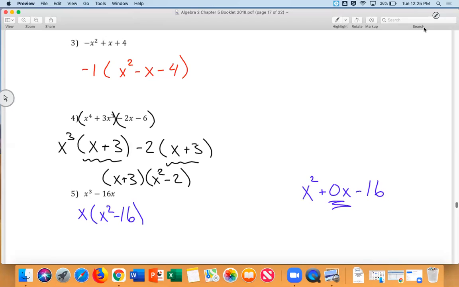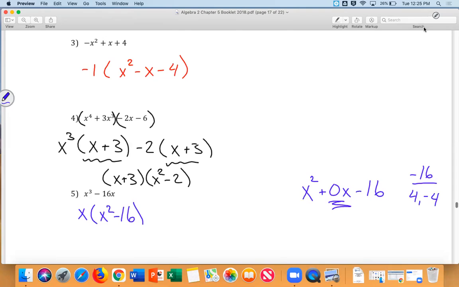Now, here's the thing. In 5-5, what we're going to be doing is looking at negative 16. All right? So let's think about this. What are the factors of negative 16? 4 and negative 4. Now, why do I like 4 and negative 4?